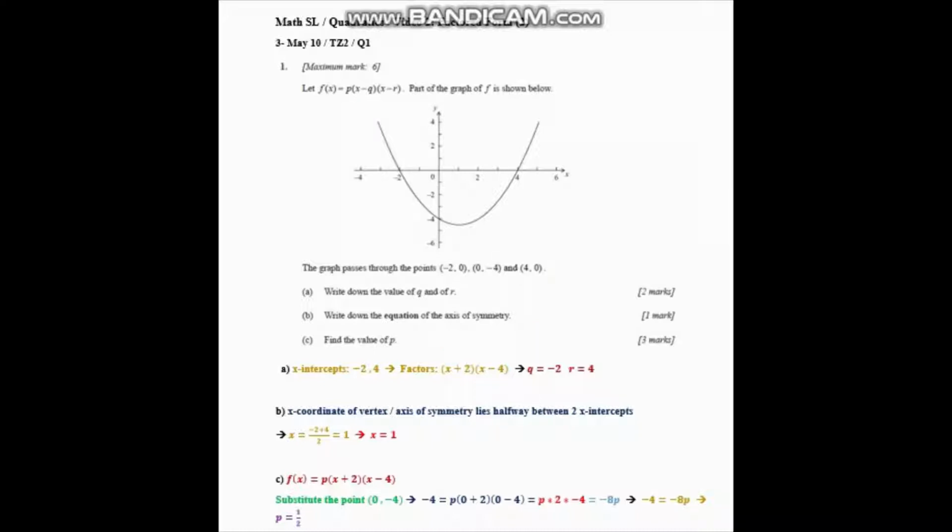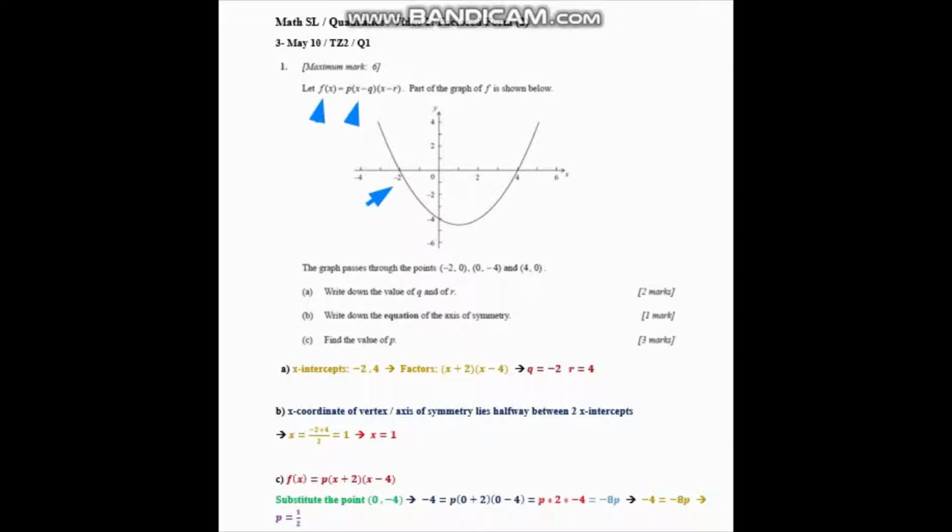Another way is similar to what we did in the previous problem, which is to say, okay, so I know that this is the x-intercept. So if I put x as -2, I should get f of x equals 0. So if I put -2 here, I should get 0 in f of x. So -2 minus q gives me 0. So what value does q have? So -2 minus -2 equals 0.